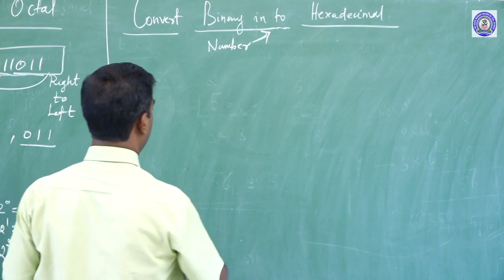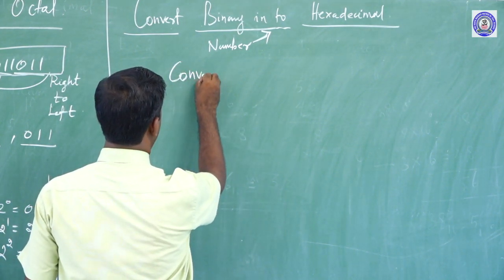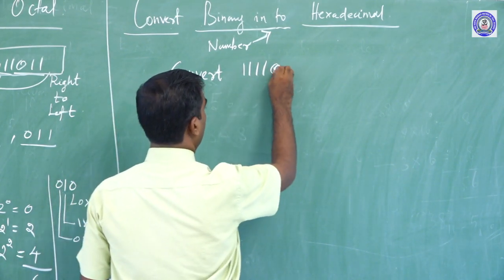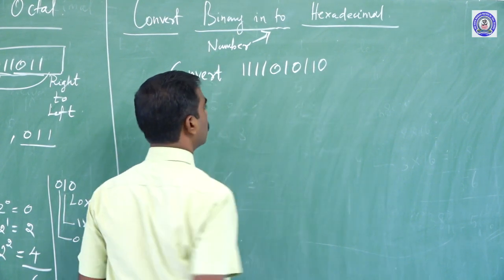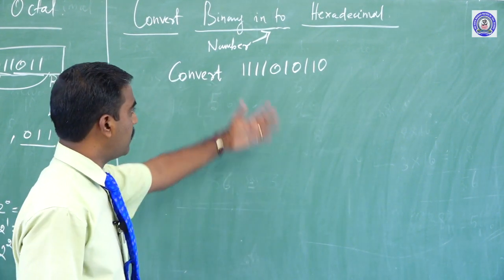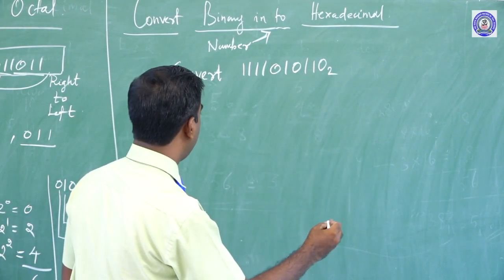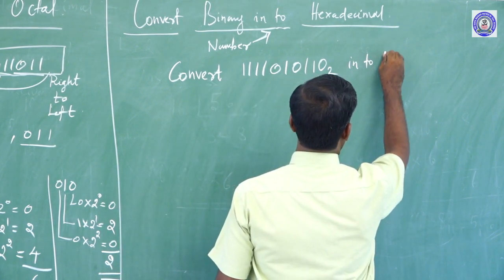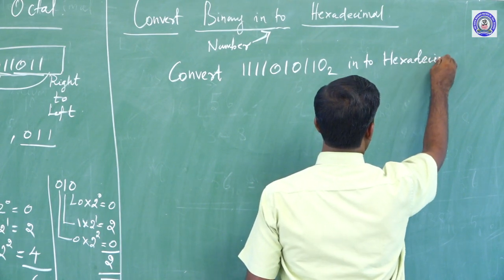Sir, the given number is, convert 1 1 1 1 0 1 0 1 1 0. We will think about it: this number is binary. Convert this number into hexadecimal.